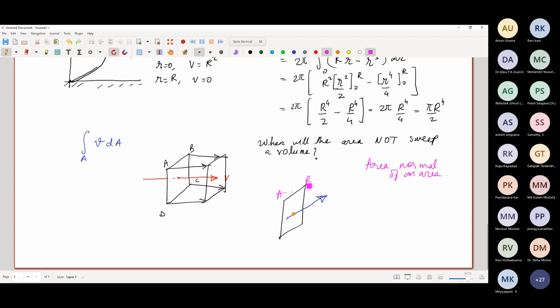So this ABCD has an area normal like this, meaning it is a vector. It is a vector which does not lie in the plane of ABCD. It is a vector orthogonal to the area.